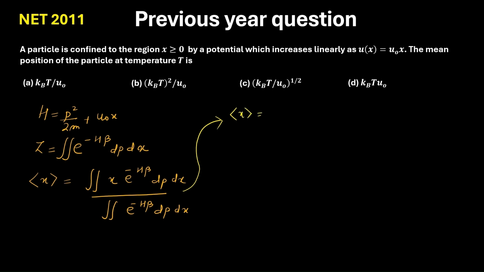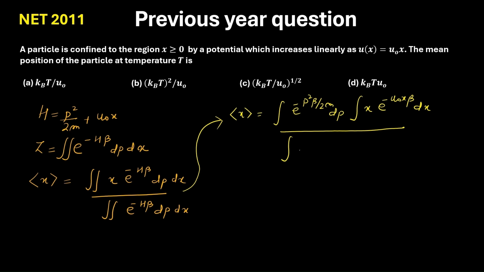Average position is equal to integration of e to the power minus p square beta by 2m dp into integration of x e to the power minus u naught x beta dx, divided by integration of e to the power minus p square beta by 2m dp into integration of e to the power minus u naught x beta dx. So this one we can cancel out.